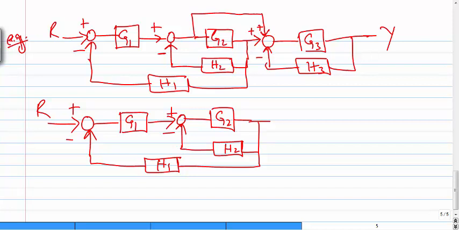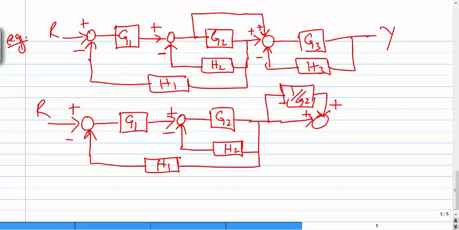If I move to the next after this block, I need to divide it, because there's no gain with this one. So this becomes 1 over G2. Now things look good.